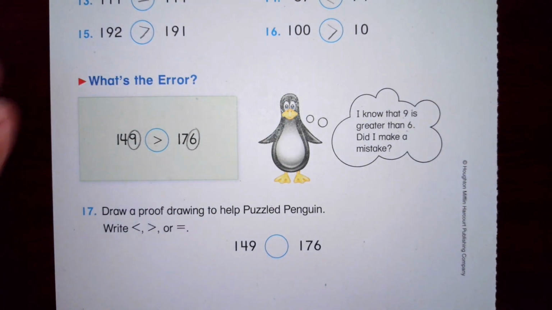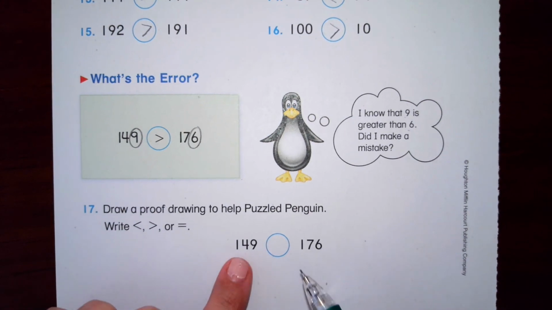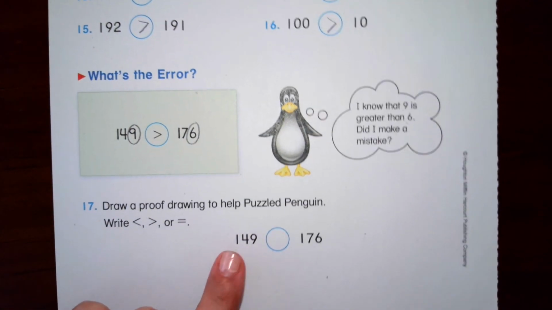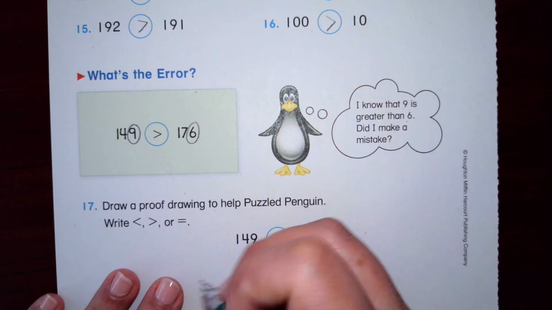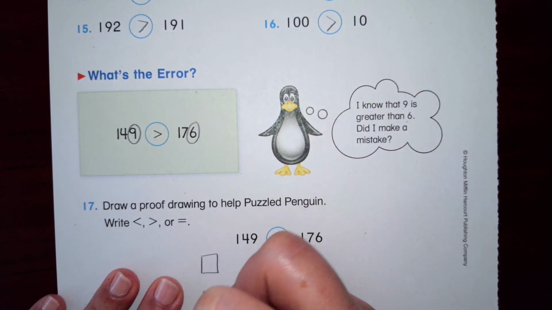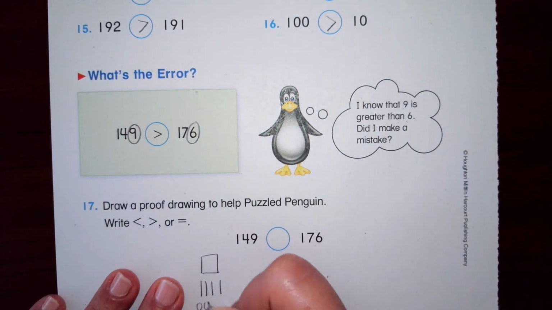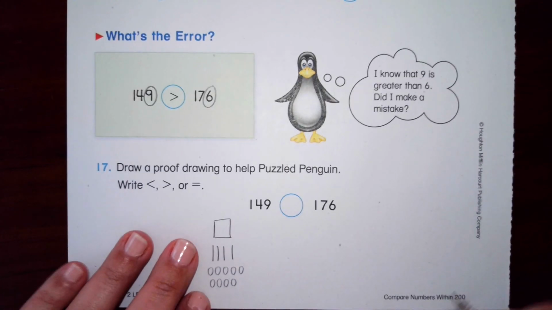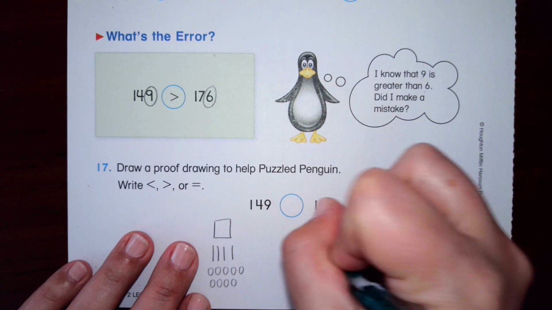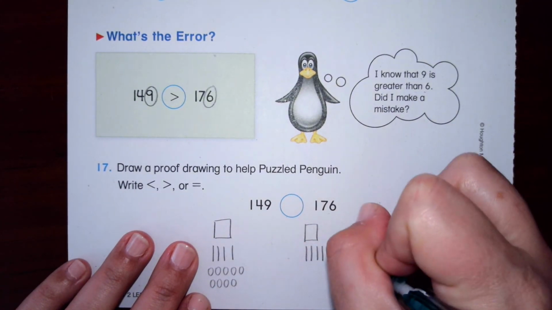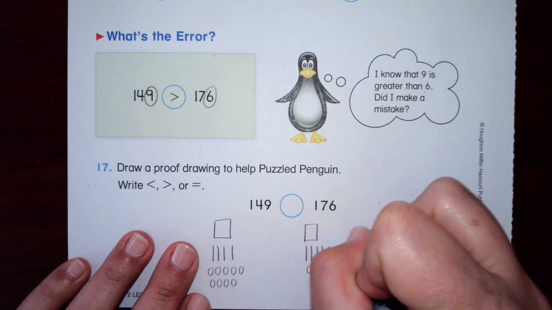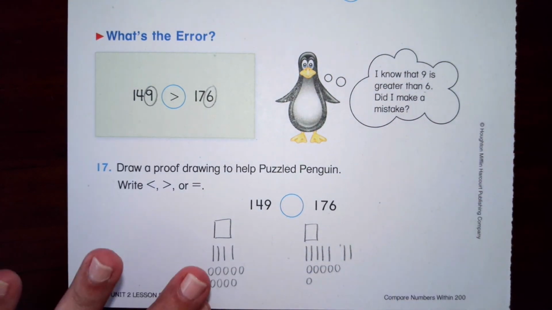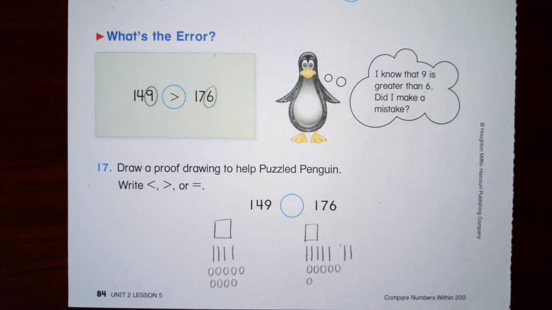So let's go ahead and help them out. Let's draw a proof drawing for each of these numbers. So draw your boxes, sticks, and circles for 149 and 176. All right, if you're not ready, go ahead and pause the video.